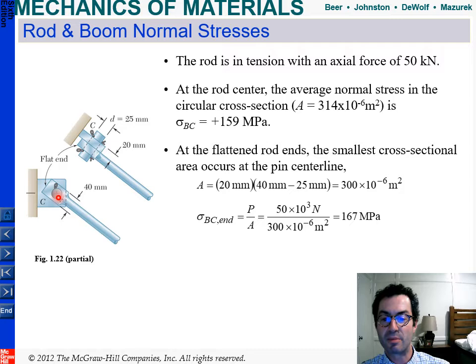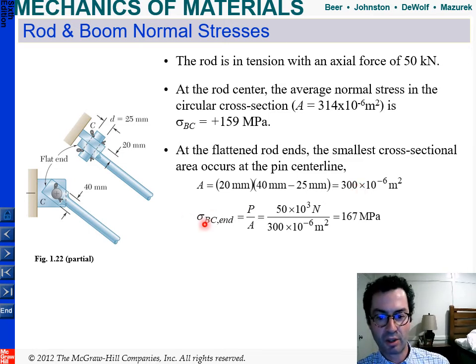So it's 15 millimeters total, so the actual area is 300 millimeters squared. So your stress now is the total force, which we already figured out, over 300 millimeters squared.